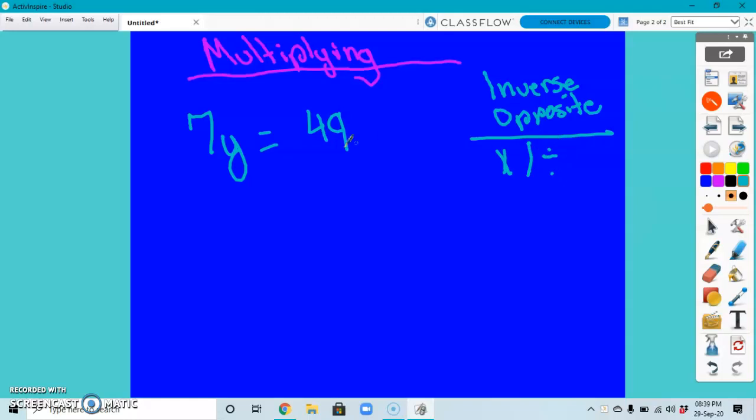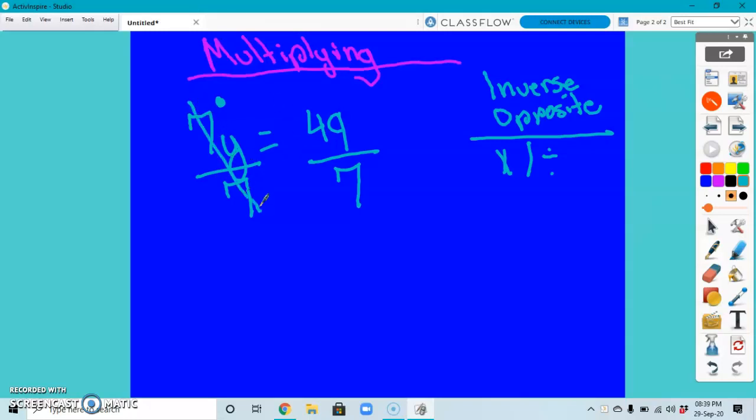So you're going to divide by 7, and what I do to one side, you do to the other. This is the introductory number, so it should be multiplied by this. If you have any questions, you can ask your teacher.